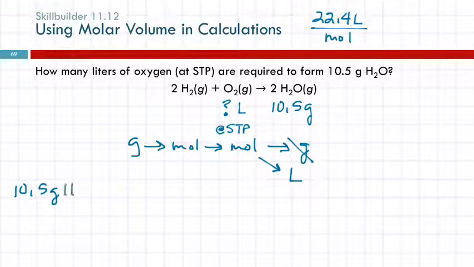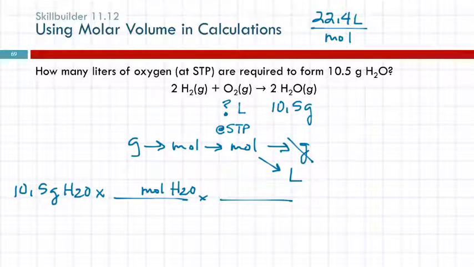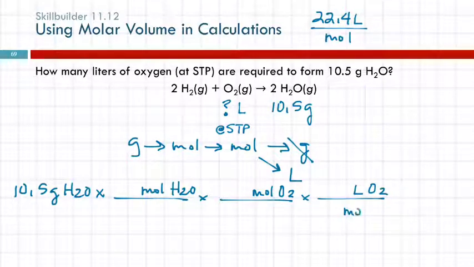10.5 grams of water, and I'm going to convert that to moles of water, and then to moles of oxygen, and then to liters of oxygen. I'm going to put the other units in there so they cancel out.